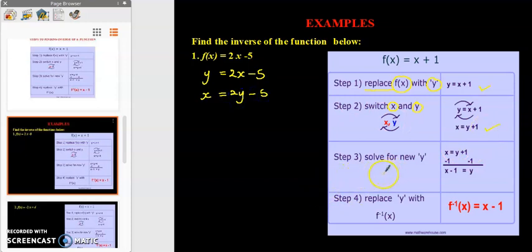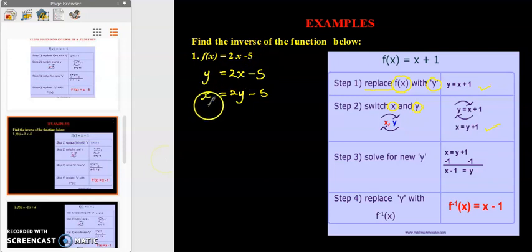Step 3 now asks to solve for the new y. Just solve for y, this y right here. To solve for y, we have to have y equal to something, and if we carry out the operations the right way, then we would have no problem here. I have videos on the channel on how to solve these problems, so please feel free to find those videos and go through them as it relates to solving for a particular variable.